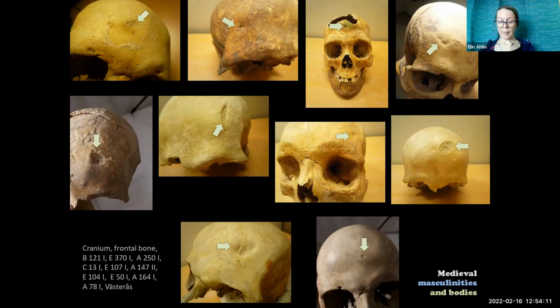Using human remains as a source is particularly suitable if you want to look at the embodiment of masculinities, the relation between masculinity and body, and how gendered practices have an impact on your body. Through these case studies, both similarities and differences could be seen between different groups of men, and also how masculinity could change through the life course.